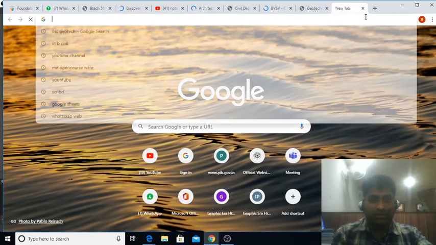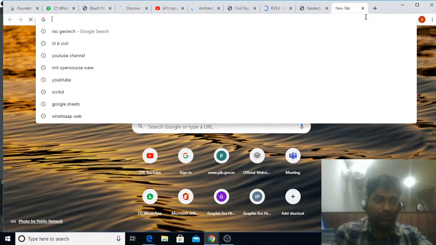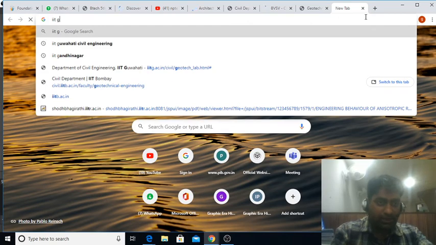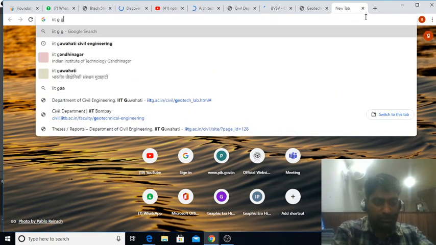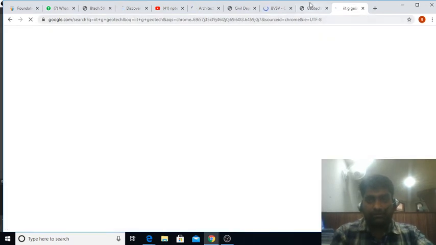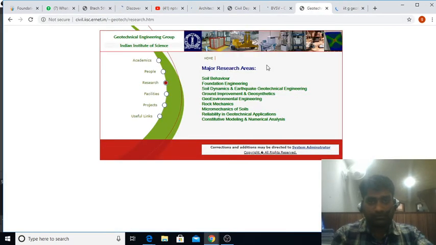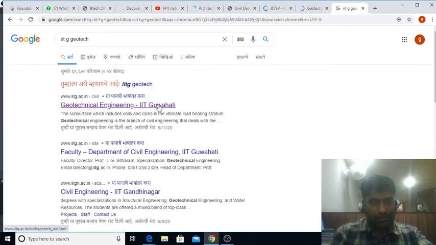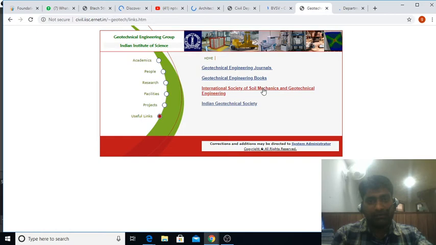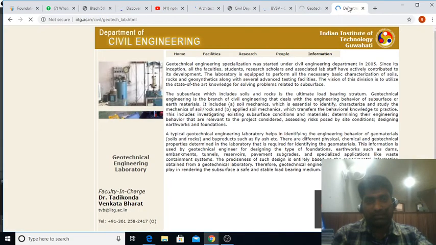Similarly, there is also a very good branch related to IIT Guwahati Geotech. So you can also see these things. In similar manner, I was talking about some societies. In the way I have opened these websites, you all people can also open them at your home, and you will come to know how things are happening in IITs and all this.